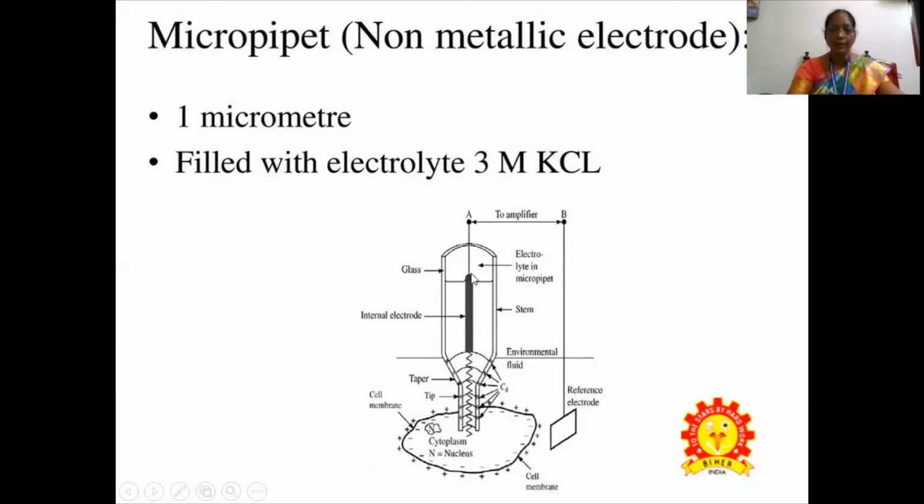The A and B points are taken out from your cell and fed to the external signal conditioning circuits. This is the electrode point, A and B, given to the amplifier, with B being the reference electrode, the standard electrode we discussed previously.